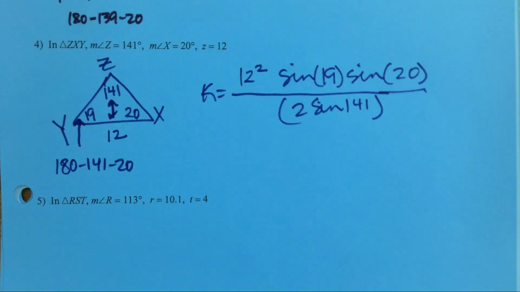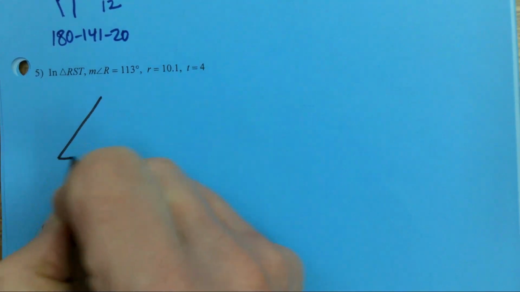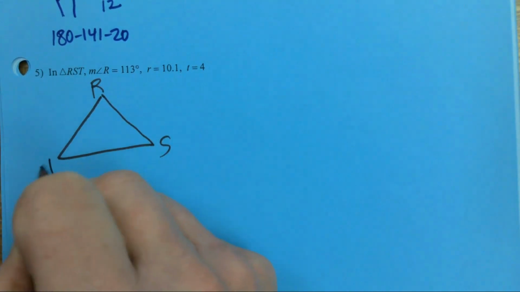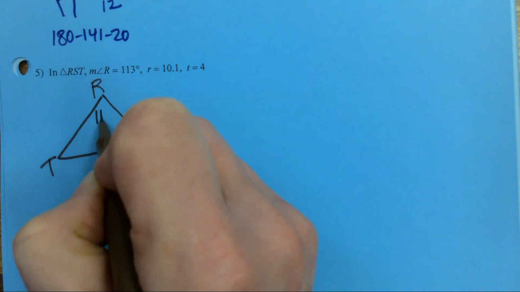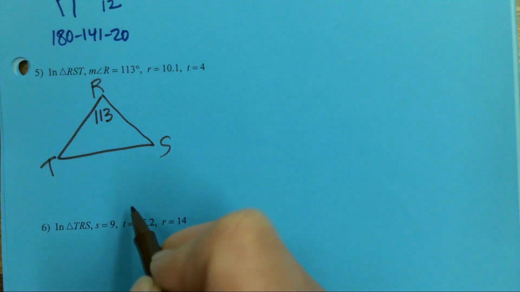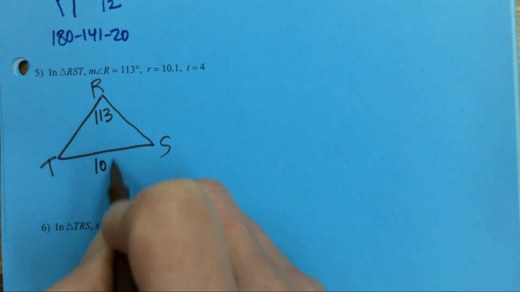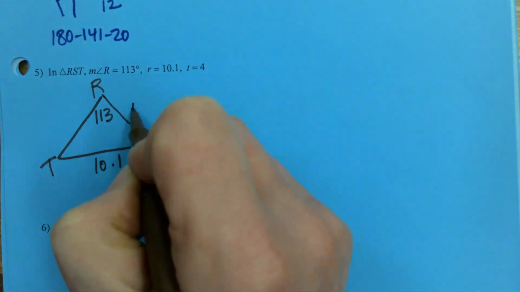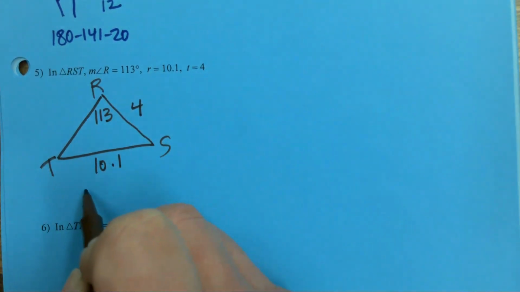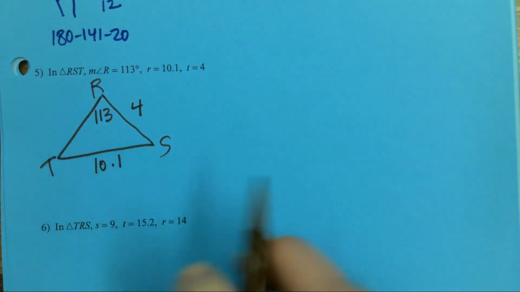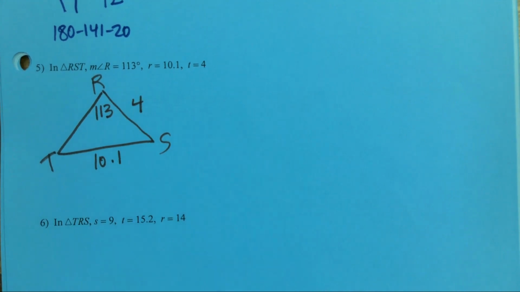All right, and then we're going to go to our last one, and that one is our RST, and we get angle 113, we get side R, which is 10.1, we get side T, which is 4, and this is the side angle, or the angle side. And again, it is one of those things that is causing trouble.